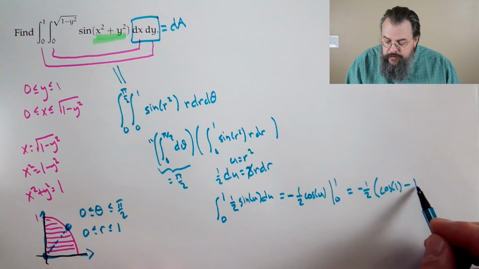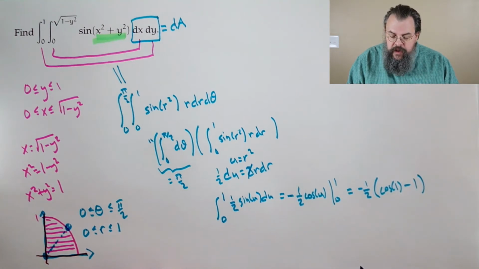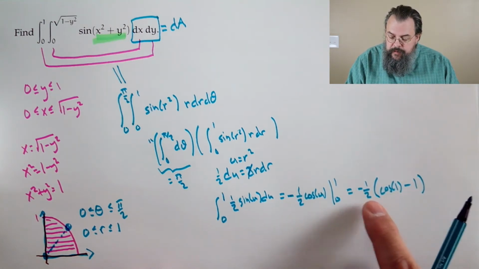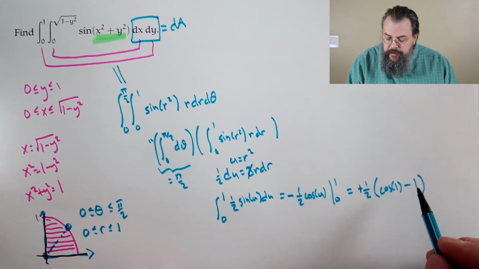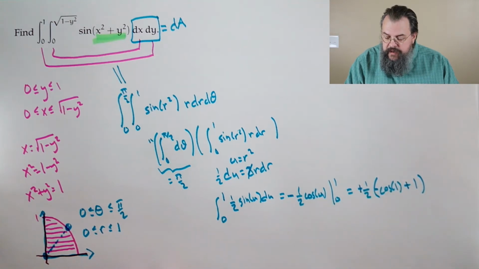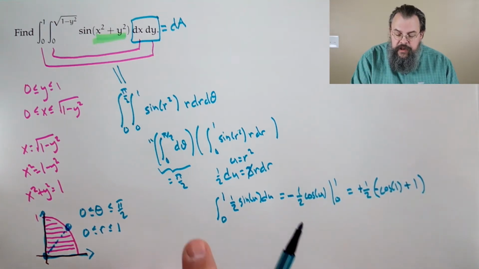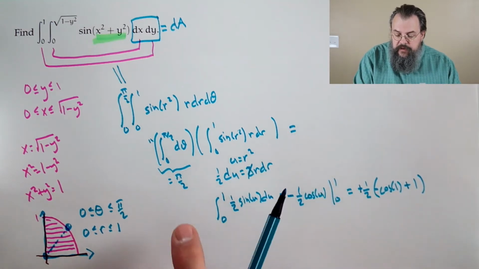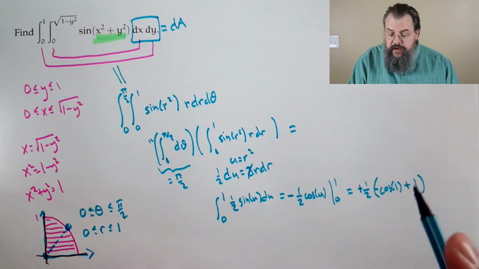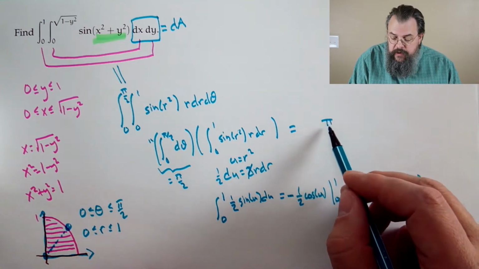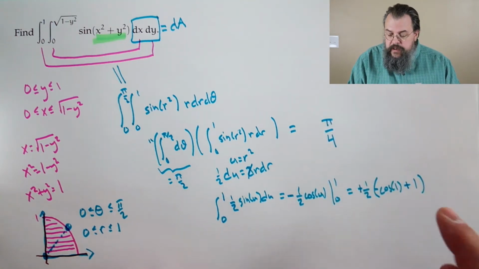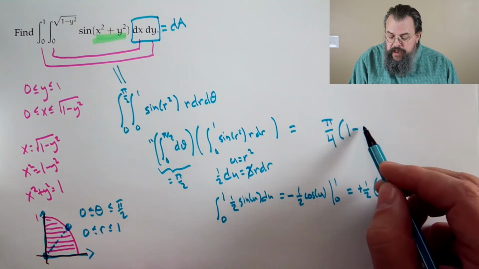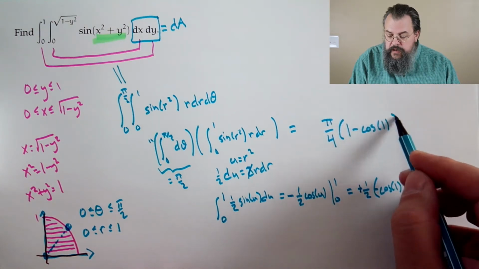Cosine of 0 is 1. So we can actually put the minus inside, so make this a plus, make that into a minus. So 1 minus cosine 1. Don't forget there's a pi over 2 as well. So our final answer is pi over 2 times a half, making it pi over 4, and then 1 minus cosine of 1.